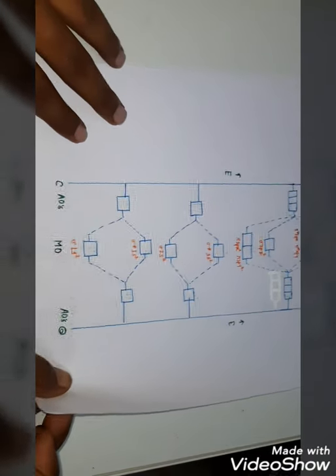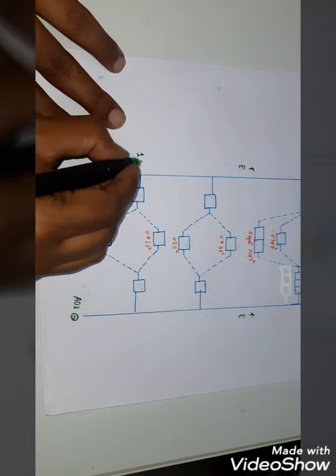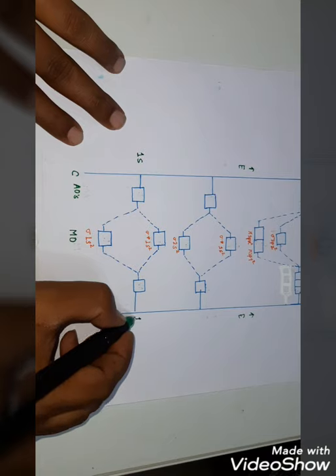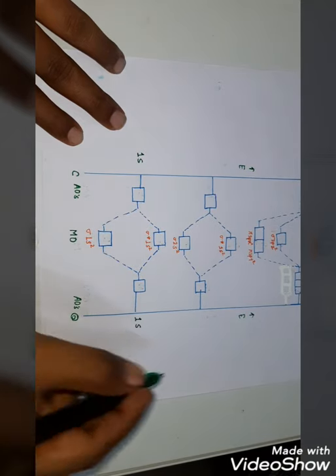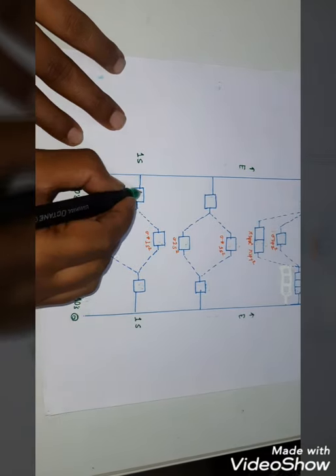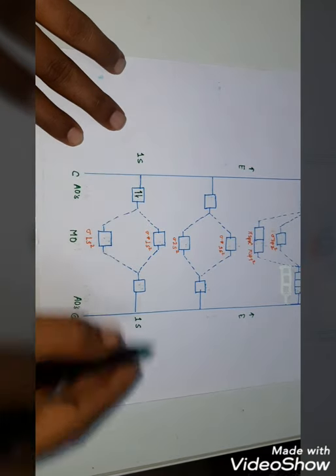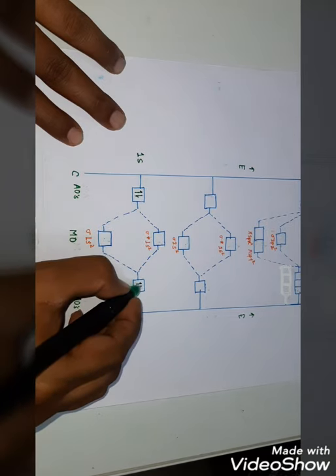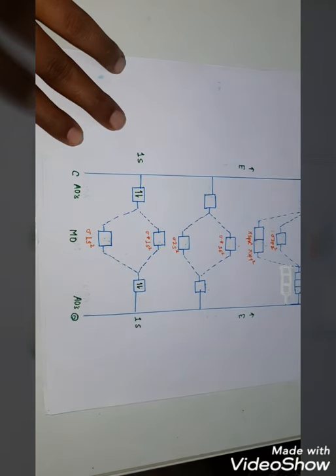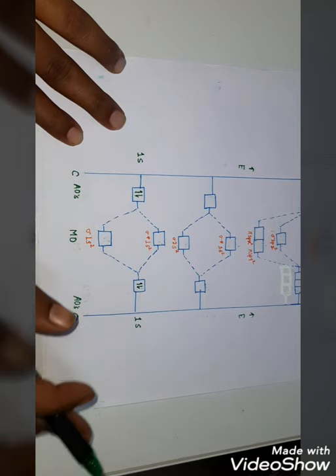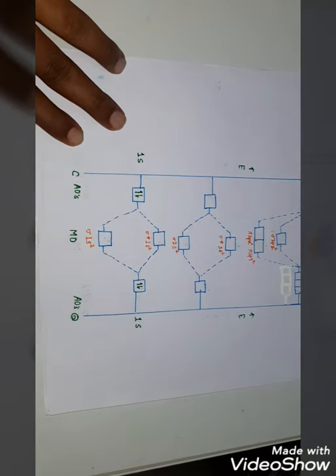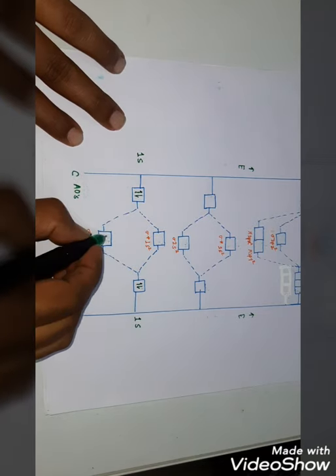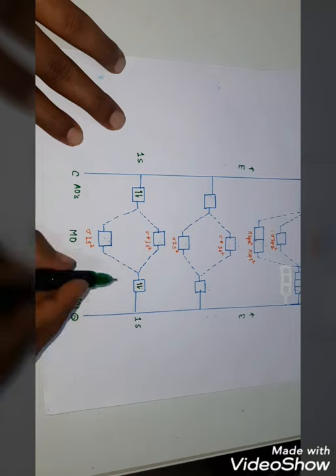So this is the 1s orbital of carbon and this is the 1s orbital of oxygen. In the 1s orbital of carbon there are 2 electrons, and similarly in the 1s orbital of oxygen there are 2 electrons. So we have 4 electrons in the 1s orbitals, and let's put them energetically.